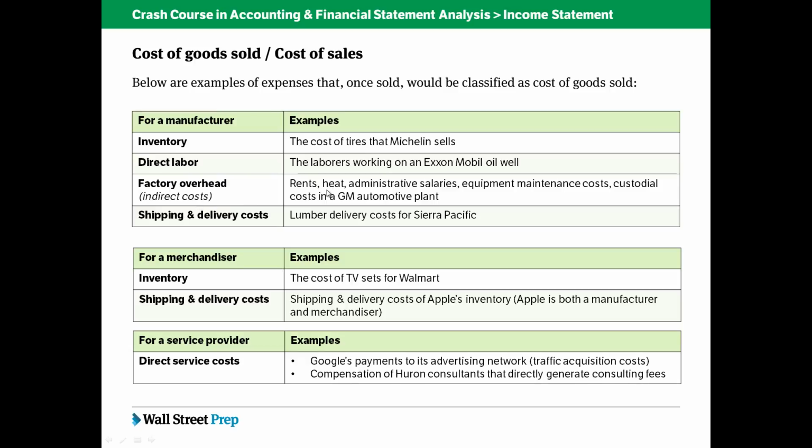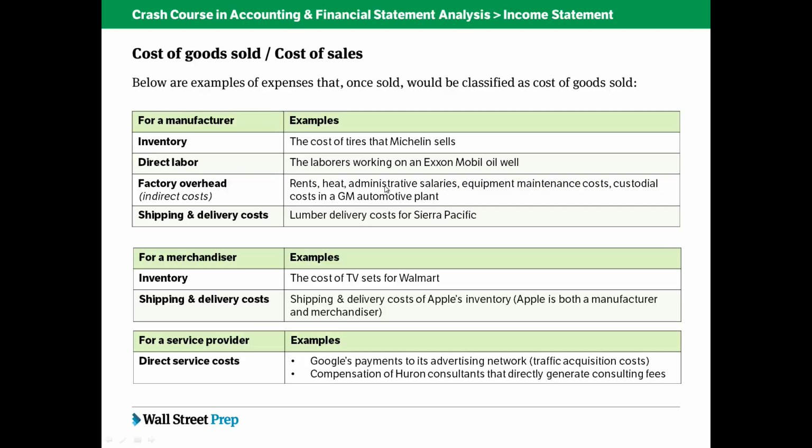But the rent, the heat, the administrative salaries and equipment maintenance costs, custodial costs in a General Motors automotive plant. Again, administrative salaries outside of the plant where they're directly manufacturing cars, that's not going to count.